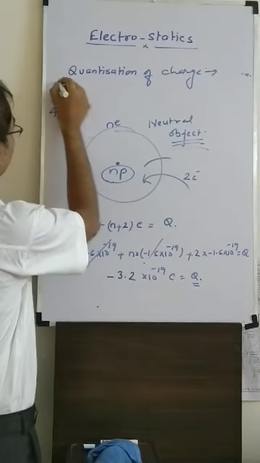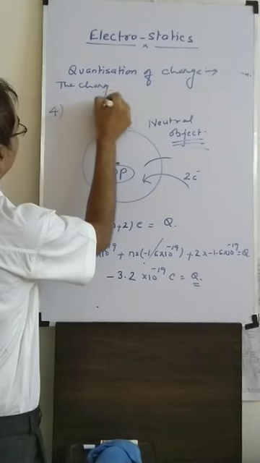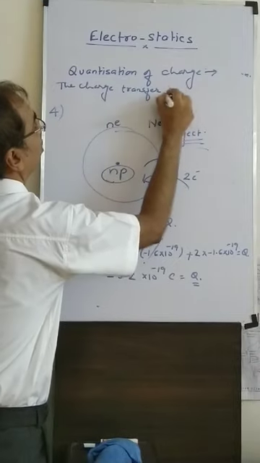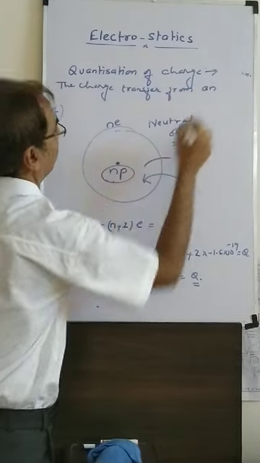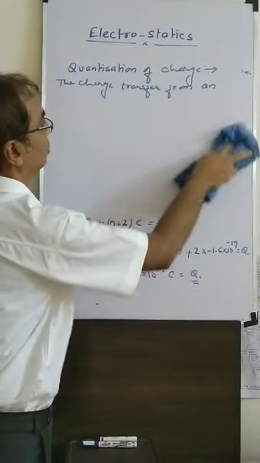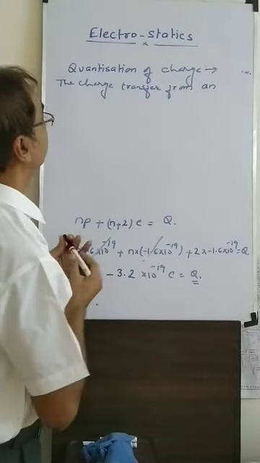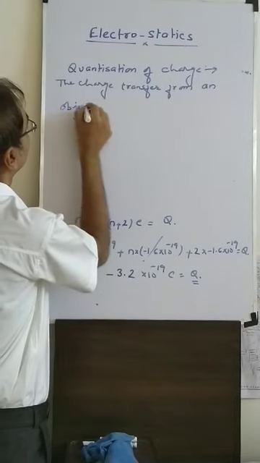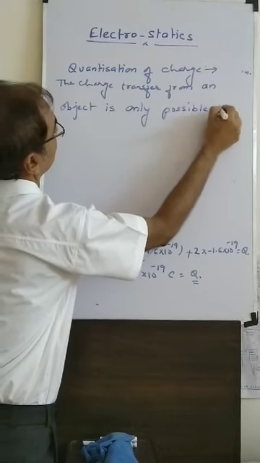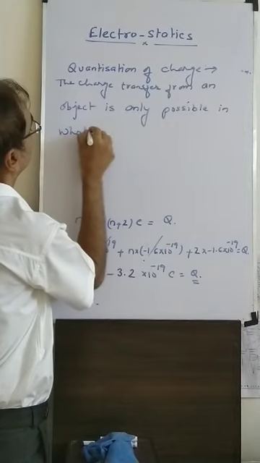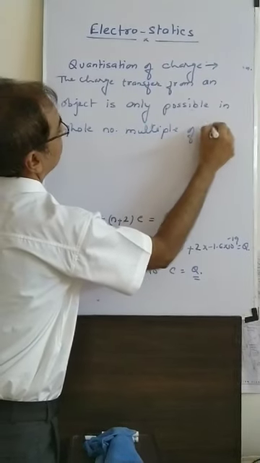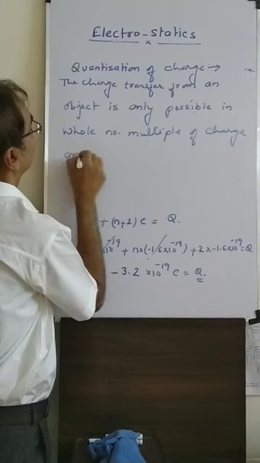Okay? The charge transfer from an object can happen only in whole number multiples of the charge on an electron.